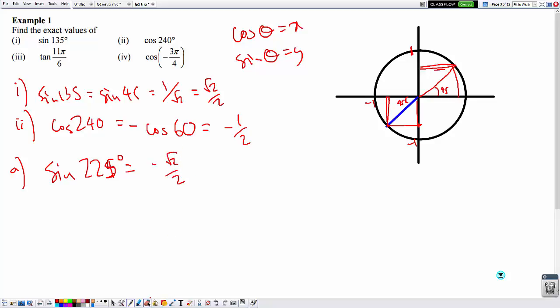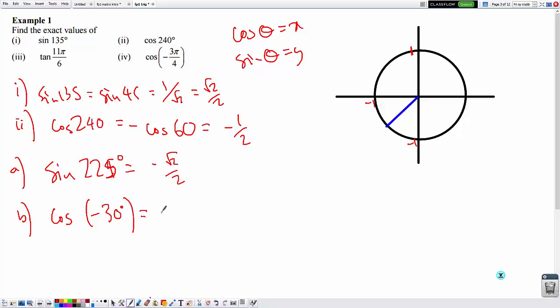Let's do a different one. I'll do tan soon enough, but we can even do negative angles. Let's say cos of minus 30 degrees.